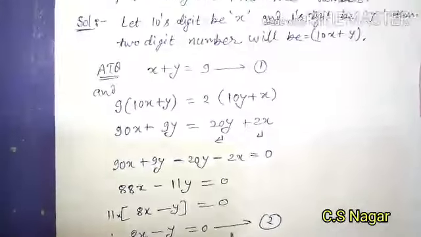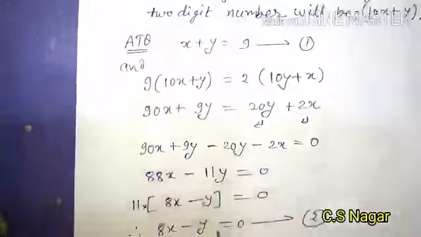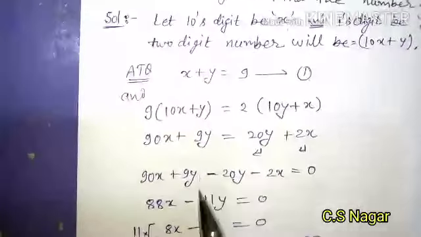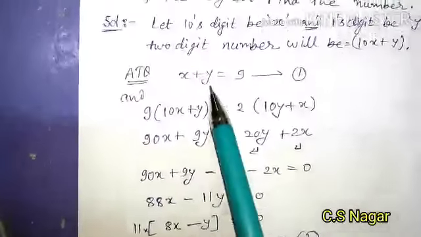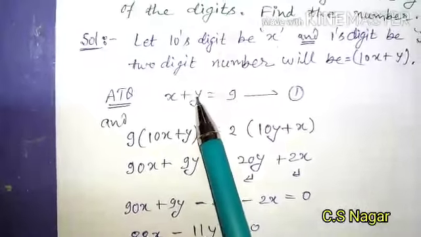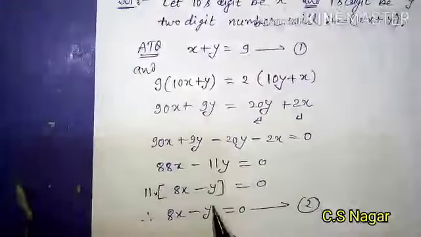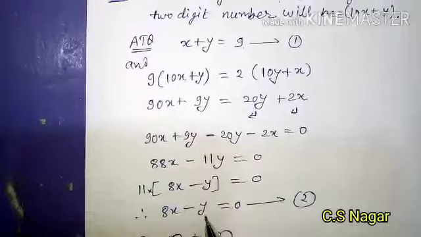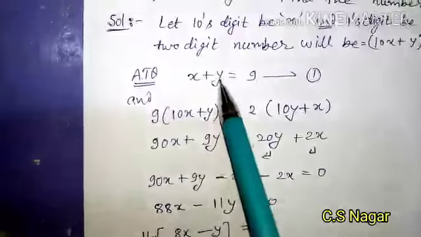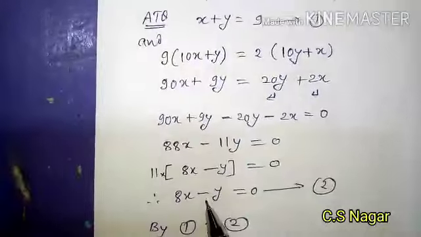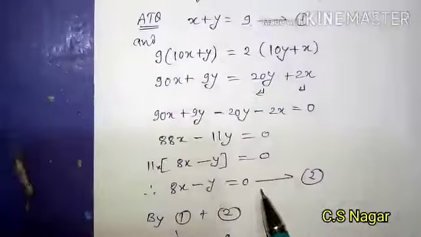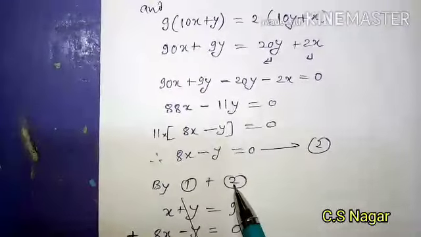Now observe these two equations, equation number 1 and equation number 2. Here the coefficient of y is 1 and here the coefficient of y is minus 1. They are numerically equal but their signs are opposite. This is plus y and this is minus y. So here we add these two equations, 1 and 2.